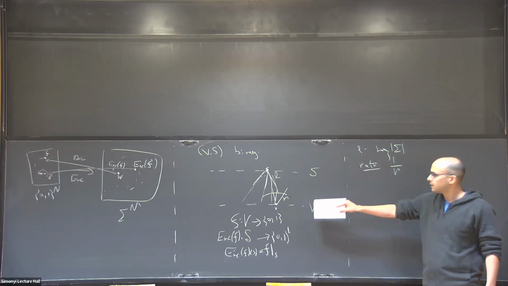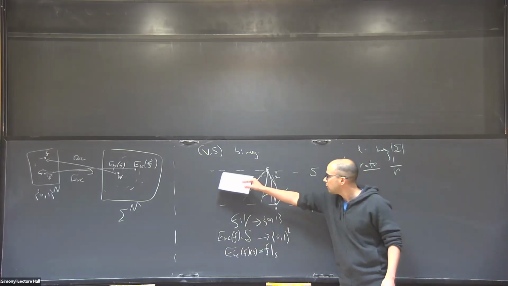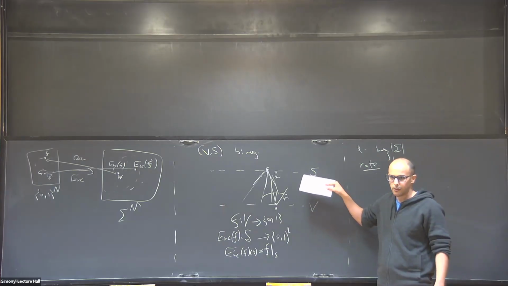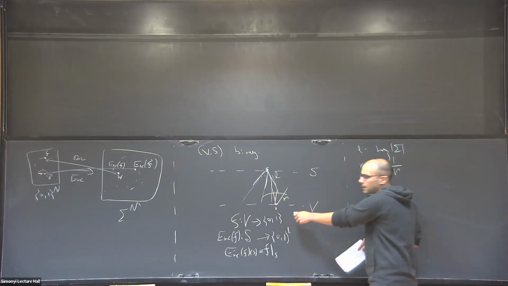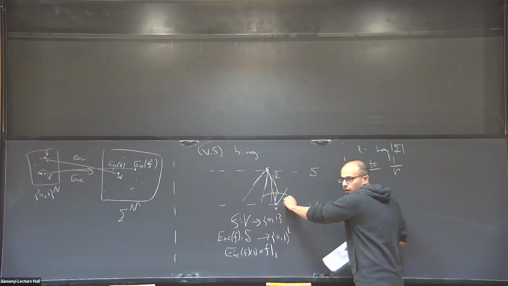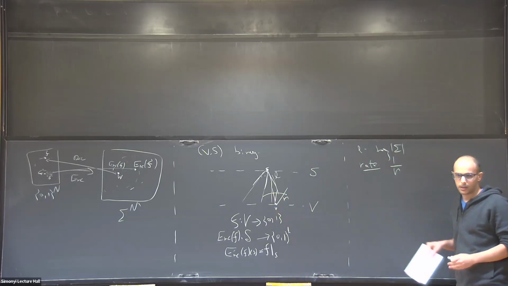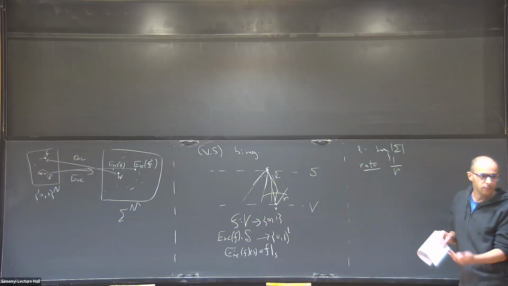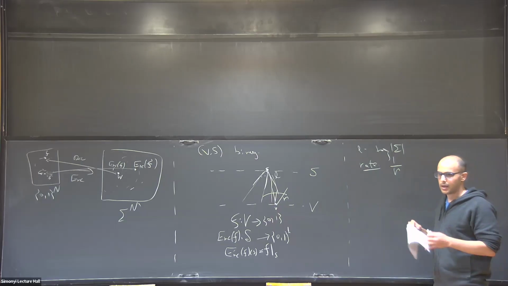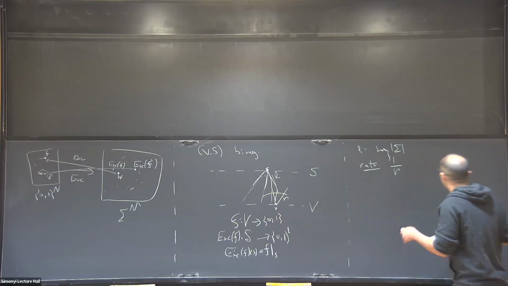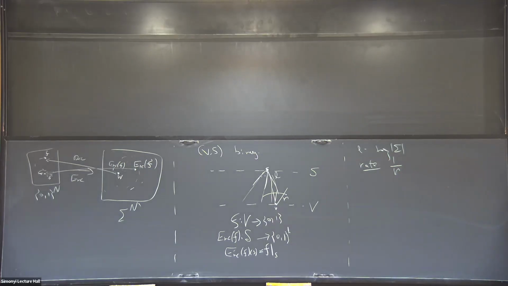One way to see this is to calculate the number of bits you need to write the function here, or the number of bits you need to write the function here. Another way is to see that if I have R edges here, it means that I'm duplicating the bit over here exactly R times. So we get a blow up of R, or a rate of 1 over R. So of course, in terms of error correction, we often like codes that minimize rate and alphabet size. So we usually want both L and R to be as small as possible.